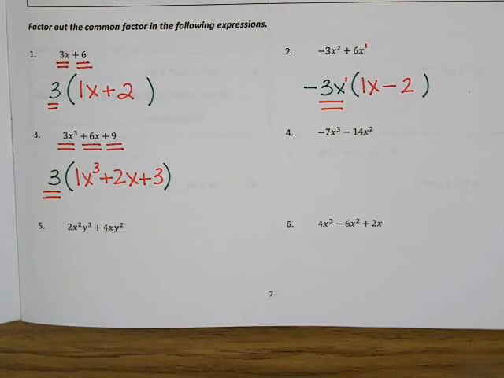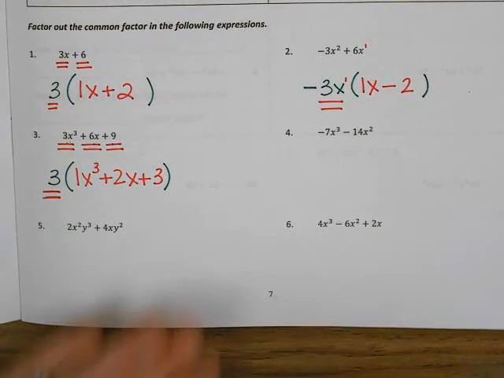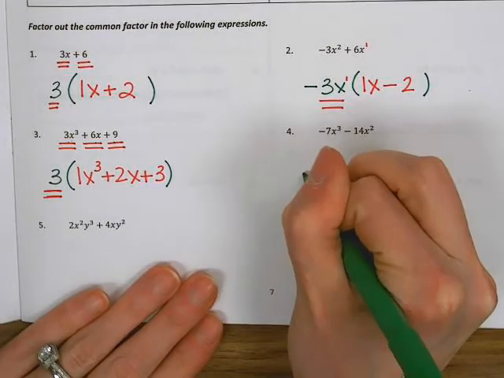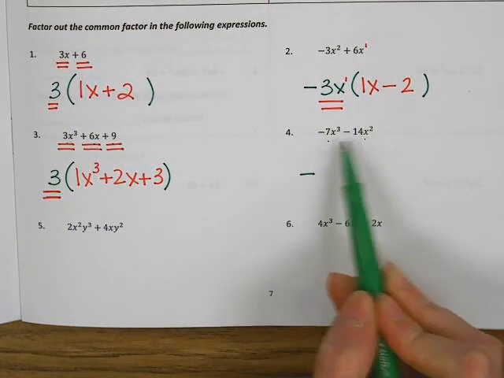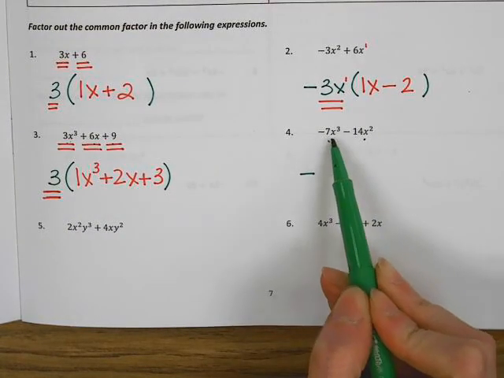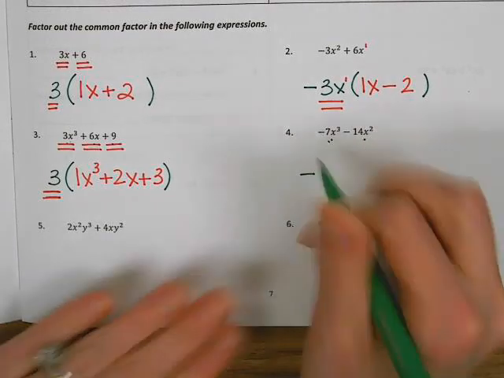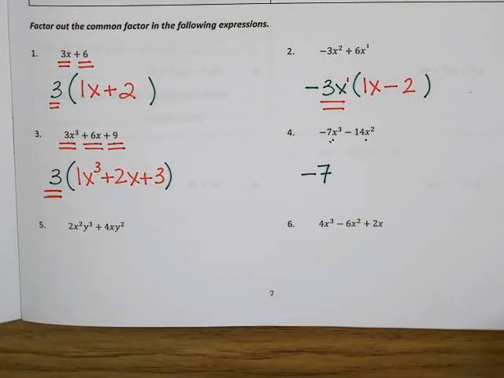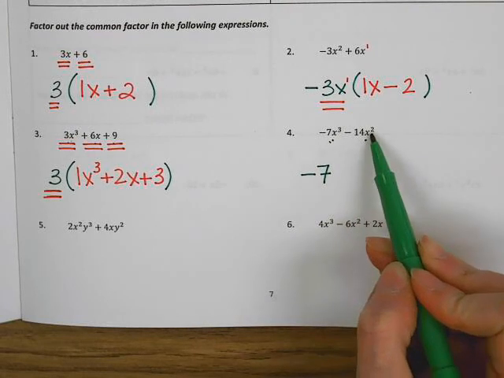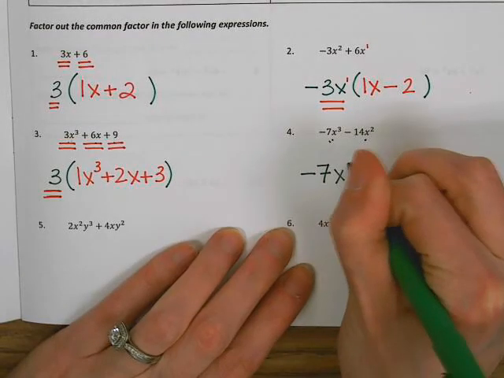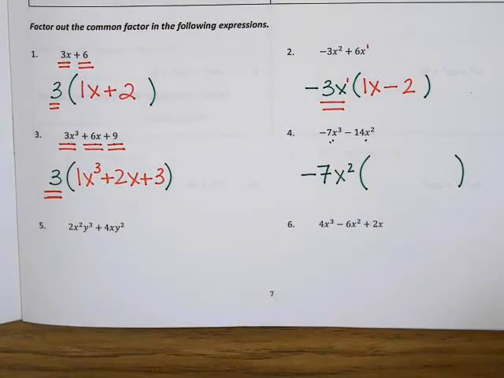Okay, number 4. Let's keep going. So number 4, the leading term is negative, so we always pull out a negative. What is the GCF of these two parts here? So 7 and 14, we can pull out a 7. And how many x's? Well, this one has 3, and this one has 2, so we can only pull out the smaller amount, which is 2.